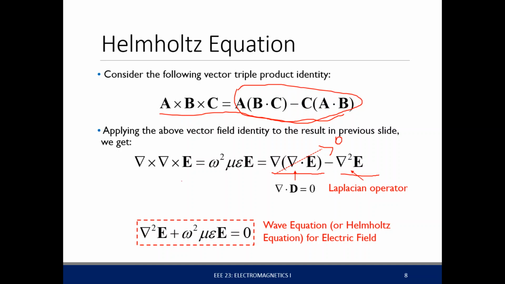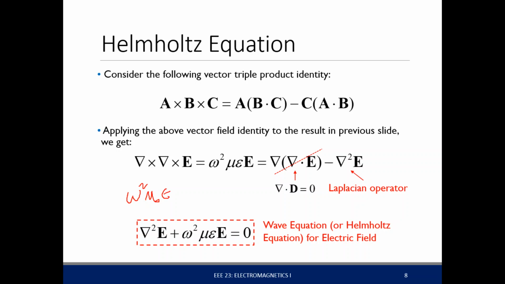So now this omega squared mu, sorry, that's not right. Let me change that. Omega squared mu epsilon E is equal to negative of the Laplacian of E. You transpose that to the other side, and you'll get this equation right here.